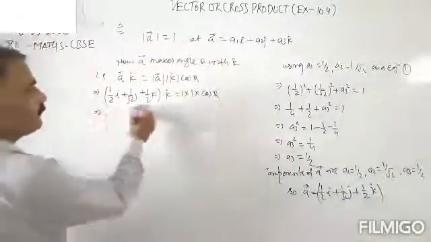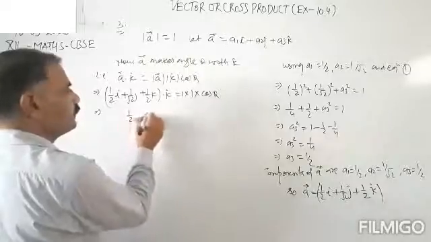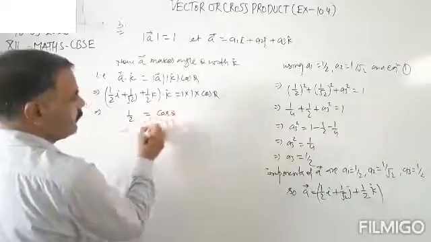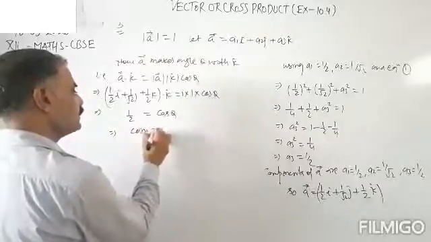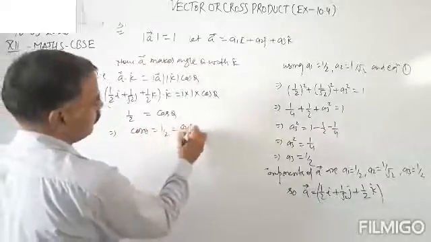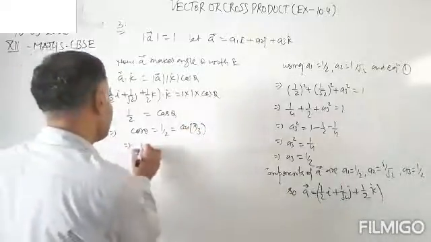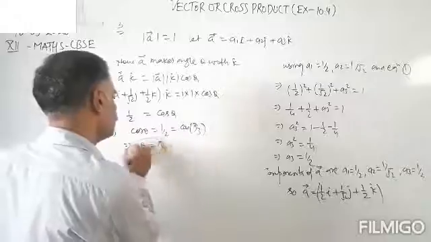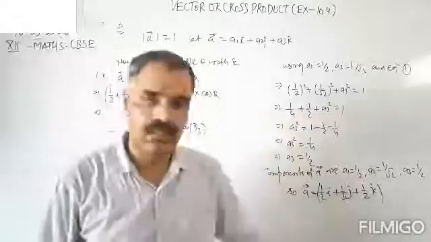And here when we multiply this by this, we will have 1 by 2. So 1 by 2 equals cos theta. This implies cos theta equals 1 by 2 equals cos pi by 3, so theta equals pi by 3. So theta equals pi by 3, and the components of vector a are these.